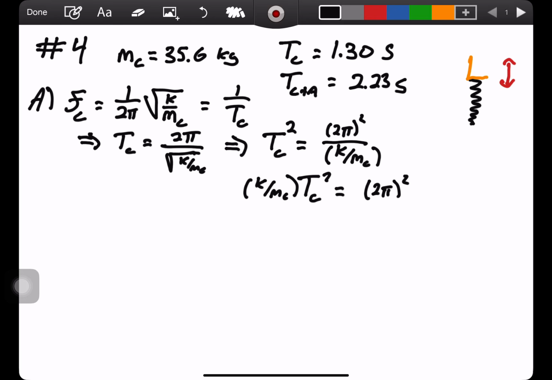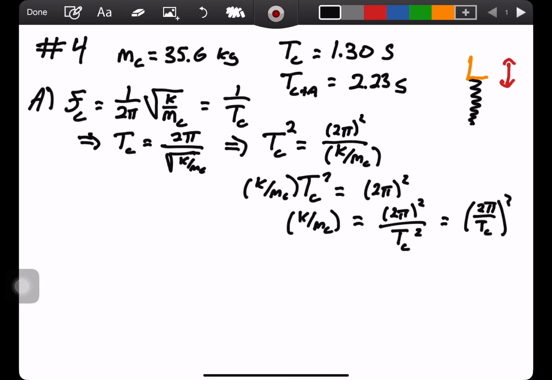Now what I can do is divide both sides by tc squared such that I'll have k divided by mc equals 2 pi squared divided by tc squared, which I could simplify as just saying 2 pi over tc, all squared, because that's both the numerator and the denominator squared there.